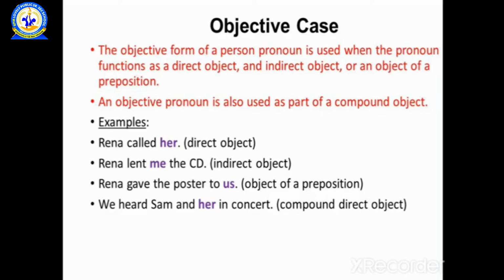Here her is a direct object. Rena lent me the CD. Here me is an indirect object. Rena gave the poster to us. Us here is an object of a preposition. We heard Sam and her in a concert. This is a compound direct object.